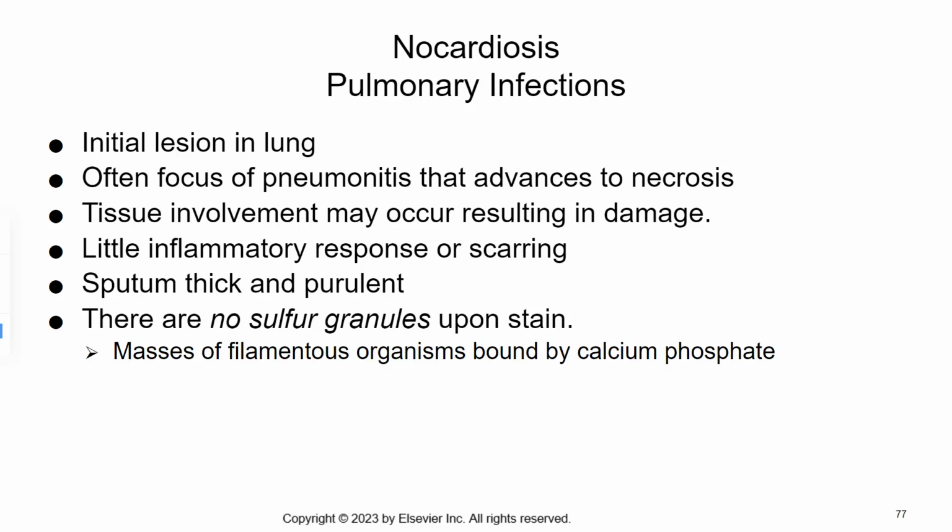Nocardiosis, pulmonary infections: initial lesion in the lung, often a focus of pneumonitis that advances to necrosis. Tissue involvement may occur, resulting in damage. Little inflammatory response or scarring. Sputum is thick and purulent, and there are no sulfur granules upon staining.